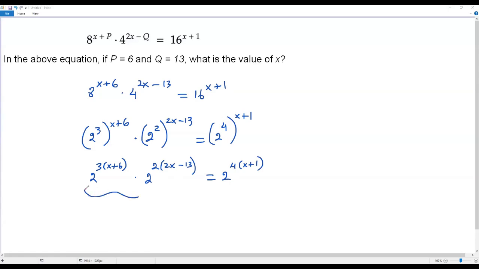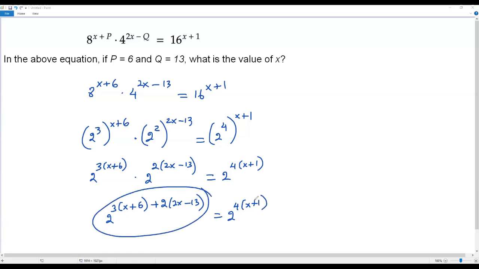Here I multiply two terms with the same base, so I keep the base and add the exponents. This is the product rule of exponents. So that is 2 to the power of 3 times x positive 6 positive 2 times 2x negative 13, equals 2 to the power of 4 times x positive 1.